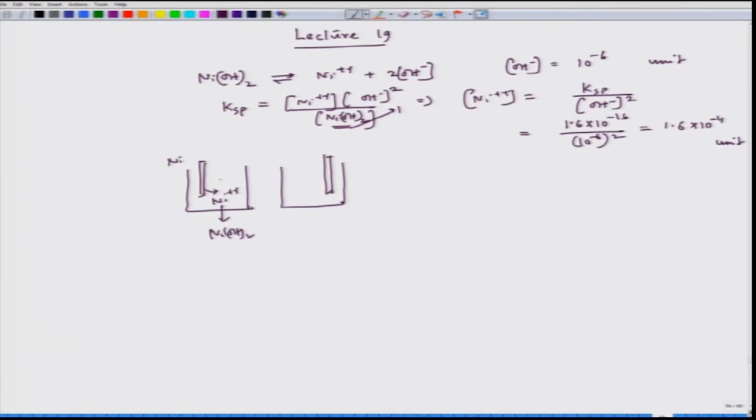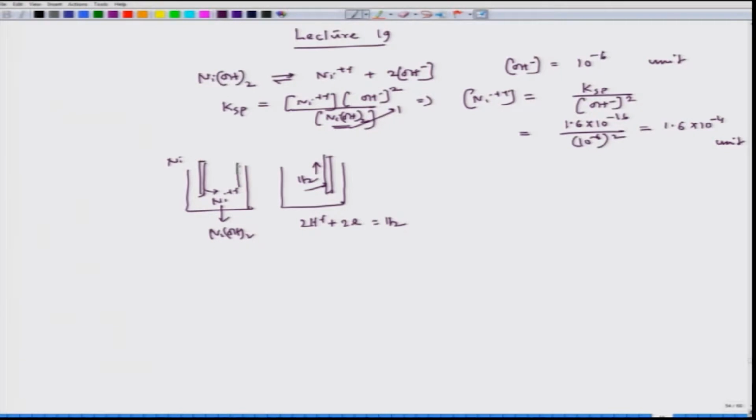Now, since nickel is dissolving and hydrogen is evolving, so H2 is evolving. So, H+ plus 2e equal to H2, this cathodic reaction is taking place on this particular electrode.